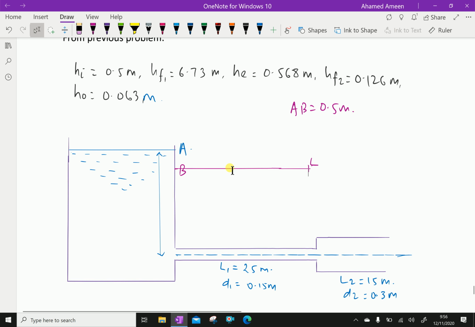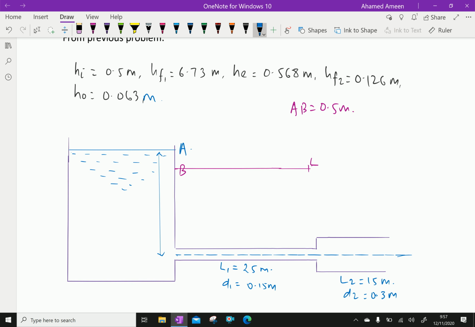From L we have to drop a perpendicular equal to Hf1, 6.73 meter.